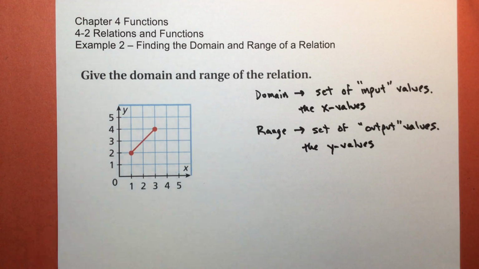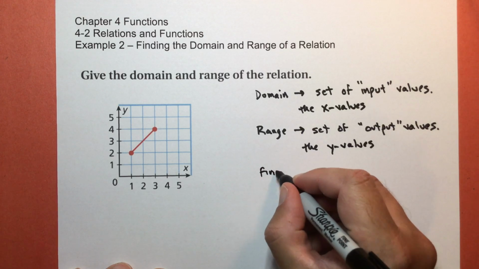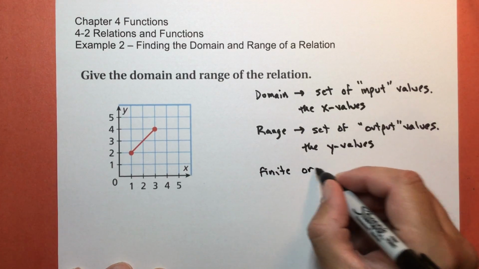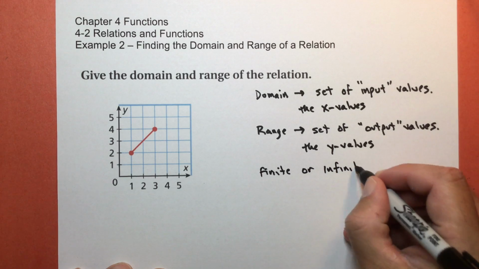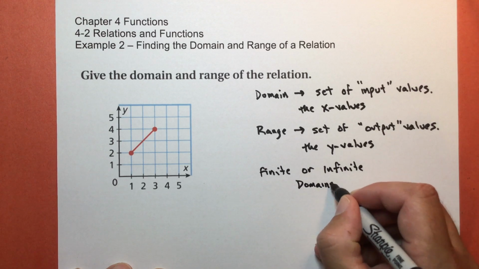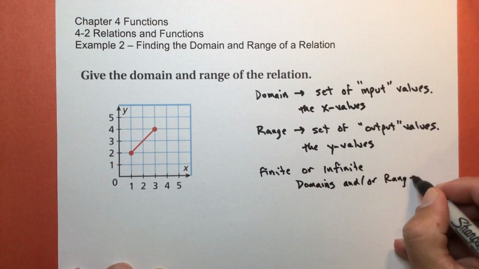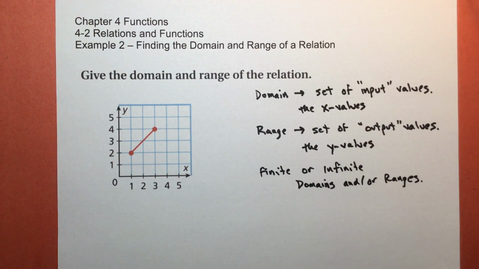There's two things that could happen. All right? You could have finite or infinite domains and or ranges. So what does that mean? Well, if you think of the first number as the input, the x, and the second number as the output, the y, you could have something where you have only a few pairs of numbers.